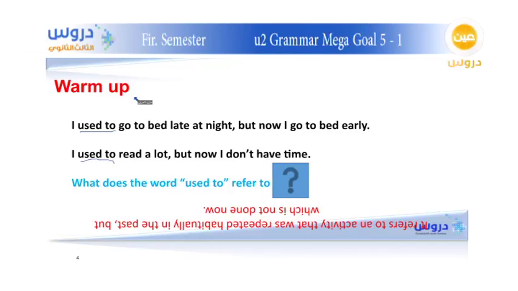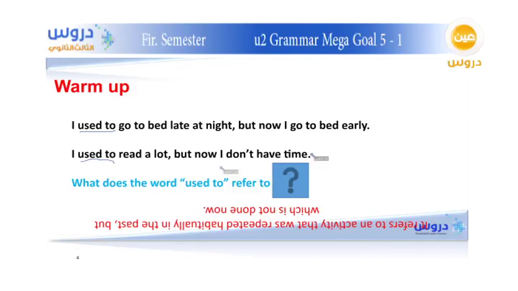Actually, if you look closely, you will find out that it refers to an activity that was repeated habitually in the past, but which is not done now. Something that you used to do repeatedly and a lot of times, but now you don't do it anymore.